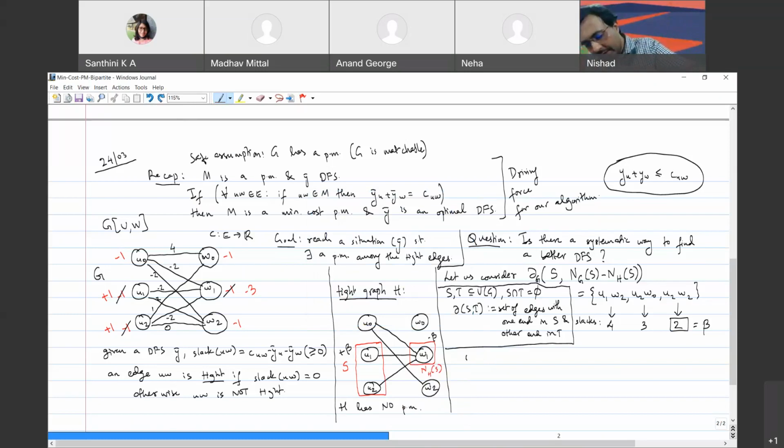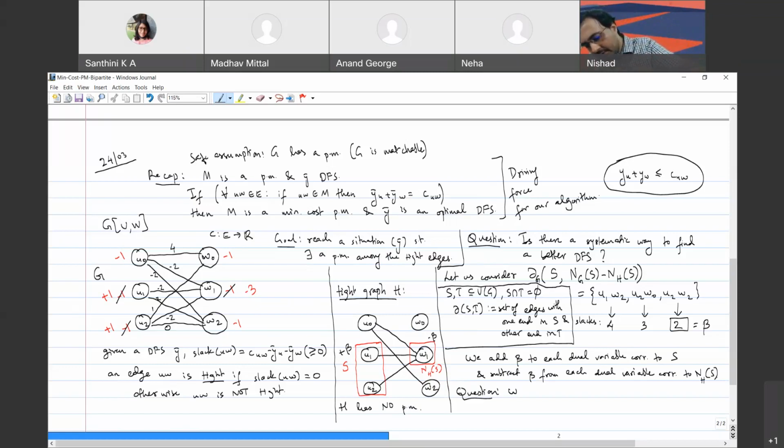So the point is we add beta to each dual variable corresponding to vertices in S, and subtract beta from each dual variable corresponding to the neighborhood of S in the graph H. Okay, so we want to answer why this is a valid operation.